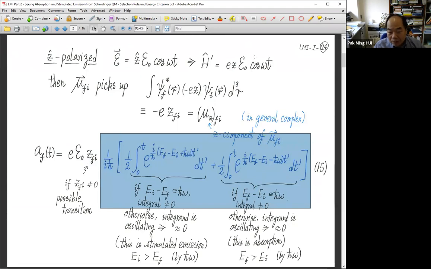This comes from cosine omega t, which can be written as e^{i omega t} plus e^{-i omega t}. Okay? So let me take you through. Do you see why we have two terms in equation 15?